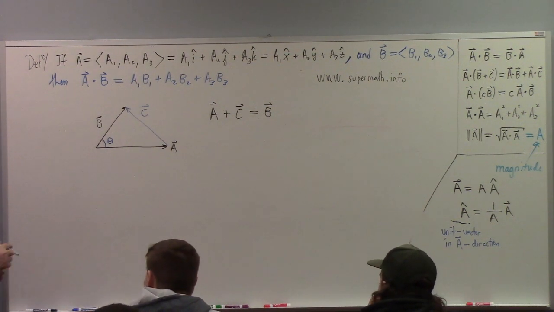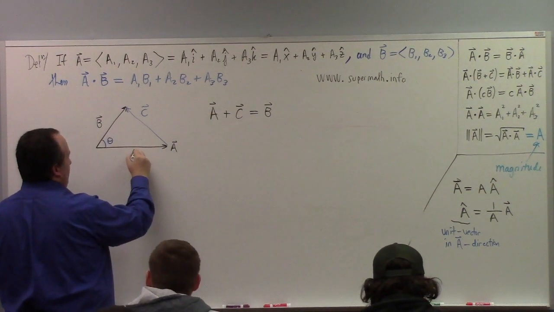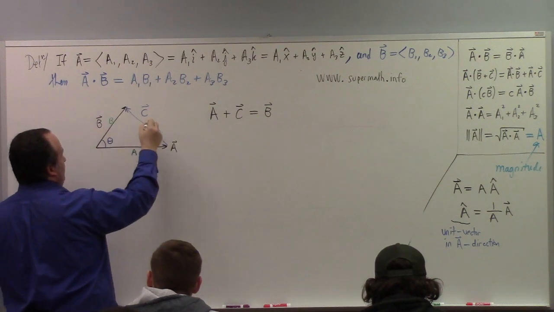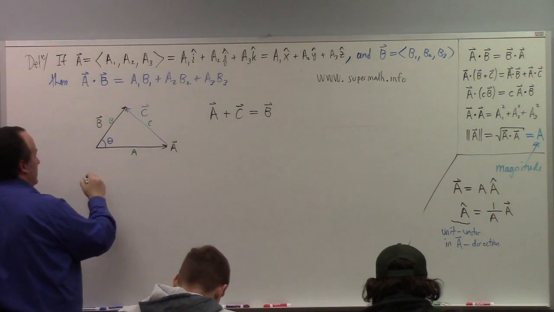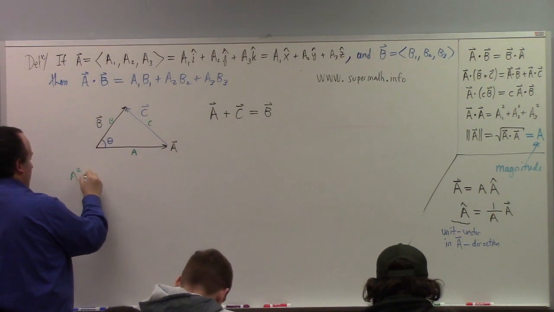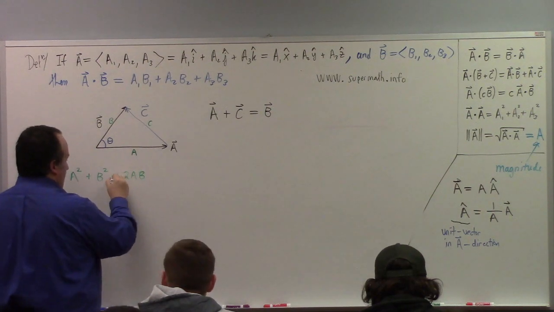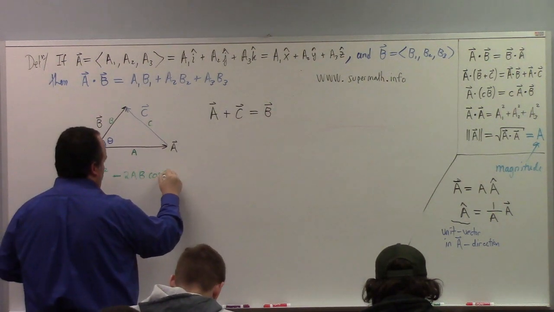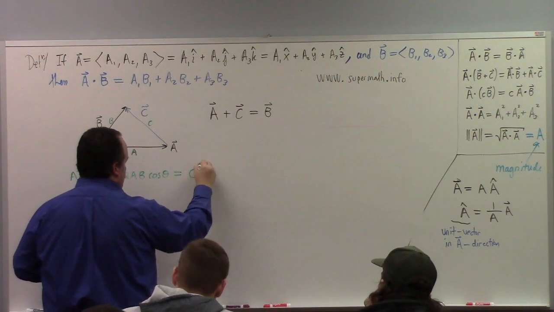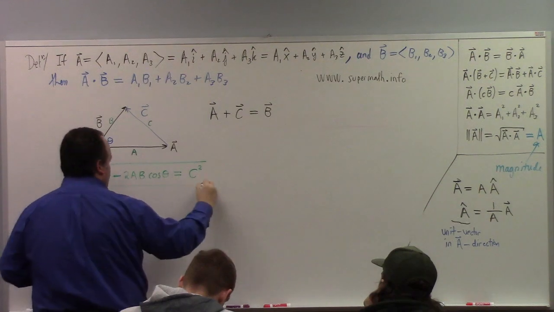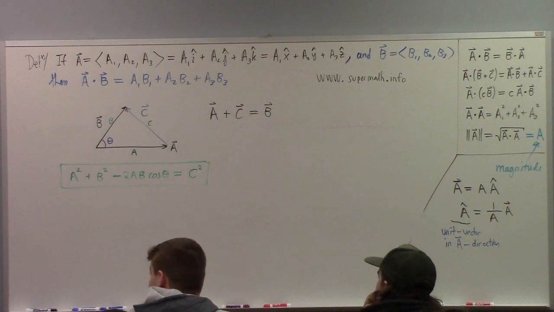The lengths of the legs here are, respectively, A, B, and C over here. So what do we know? We know that A squared plus B squared minus 2AB cosine theta is equal to C squared. What is this? This is the law of cosines.